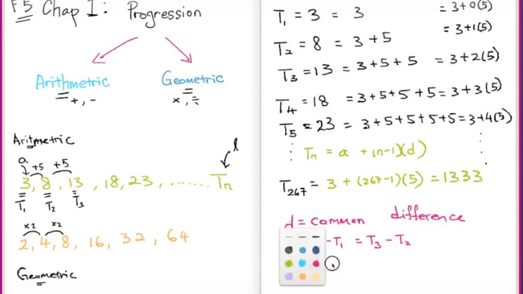First step, to verify if this is arithmetic or geometric, you know it by second term subtract first term. If it's equal to the third term subtract the second term, therefore you would define that series of numbers as an arithmetic progression.